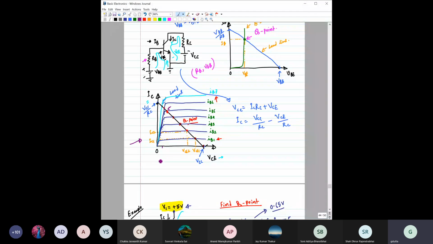In the saturation region, in yesterday's class, we considered that for a modern BJT, generally this value is 0.2 volt. We have also explained why it is around 0.2 to 0.3 volt.